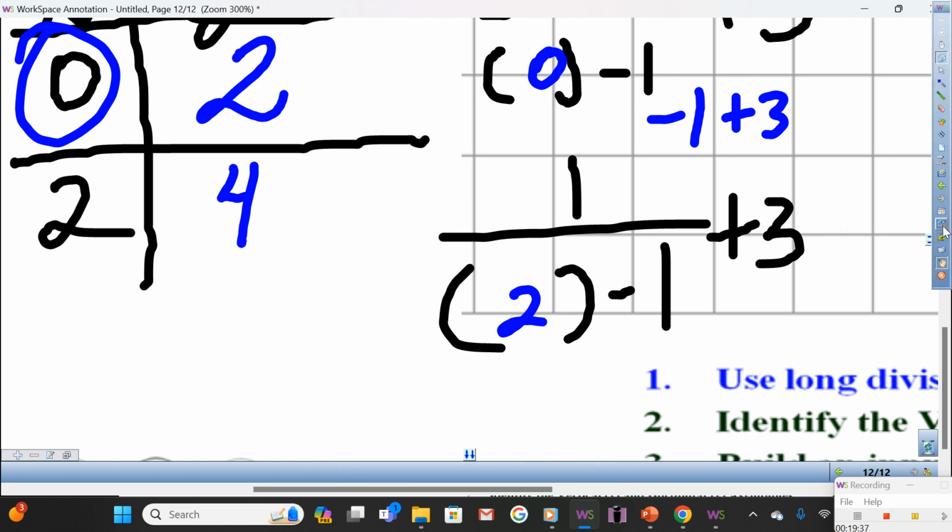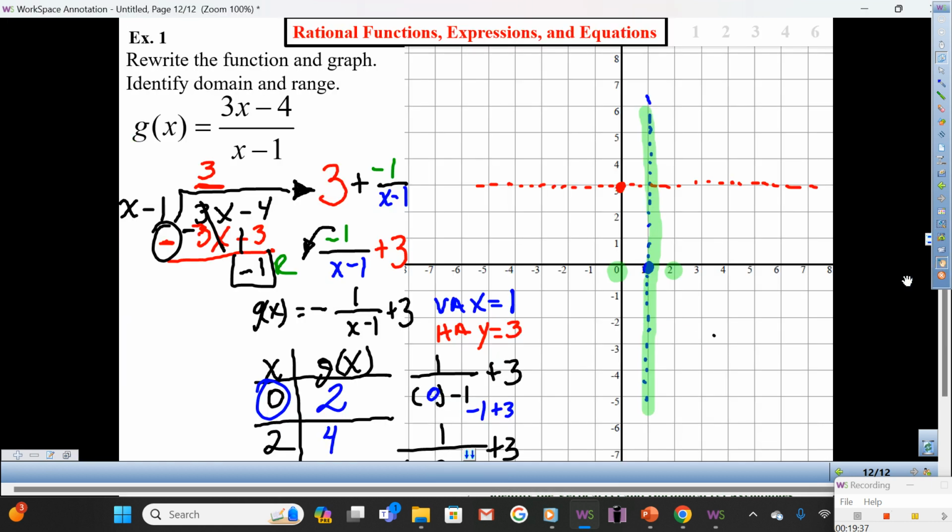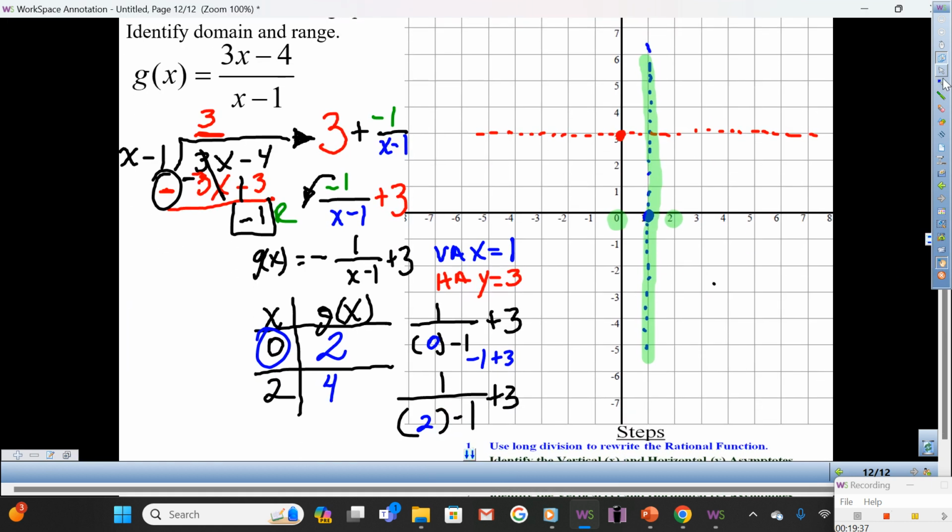All right, so let me zoom out. We got our values there. So watch. Look up to the screen. 0, 2. Look up. We know that one is right here. The other one is 2, 4.